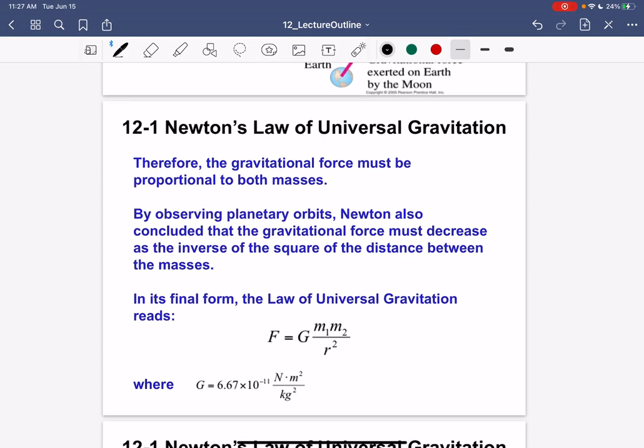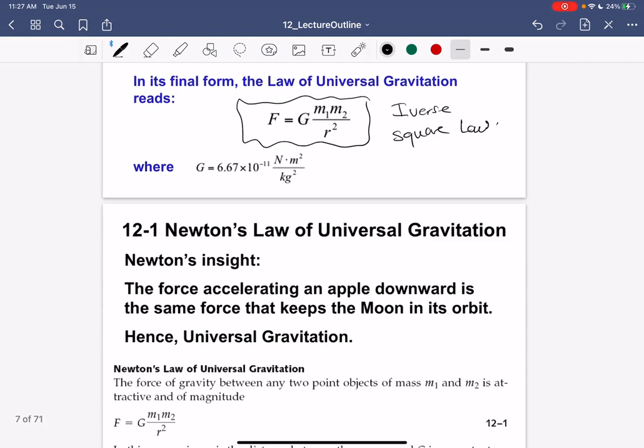And this is the reason why we call this formula the inverse square law. And G, as I mentioned, is the universal gravitational constant, which is really a very small value.